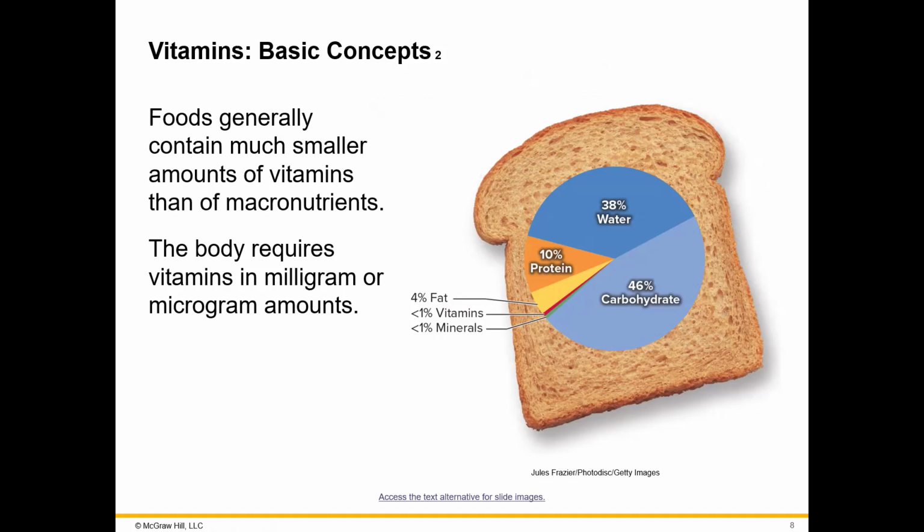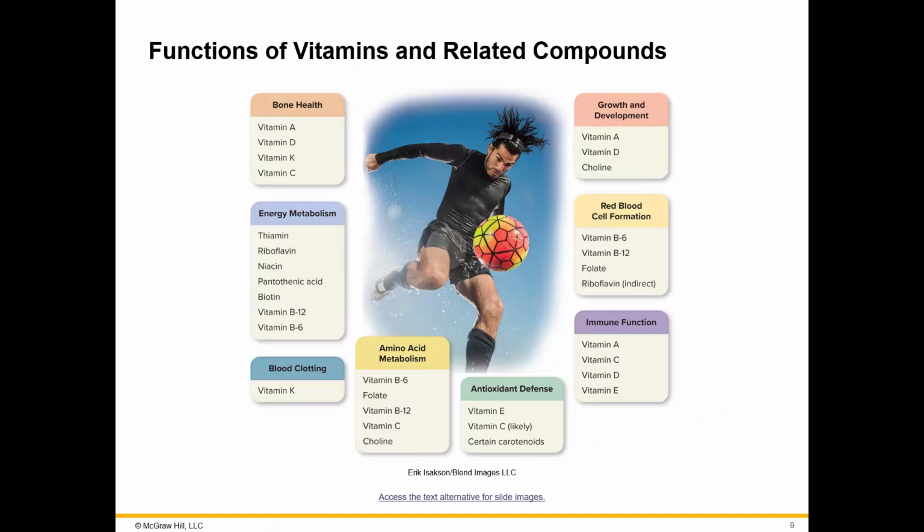They do not, however, have energy, so they are a micronutrient, okay? They do not have energy. They occur naturally in the foods that we eat, and they are essential. They are essential for many, many different processes.